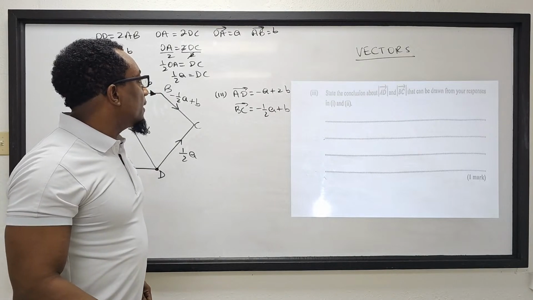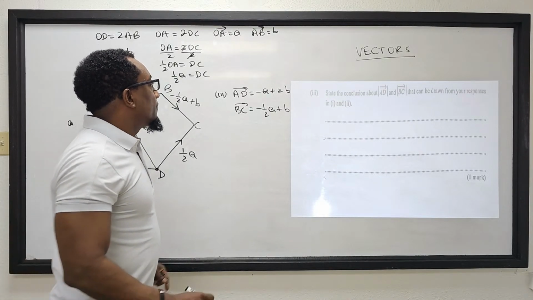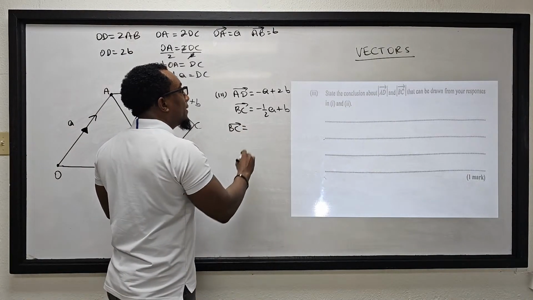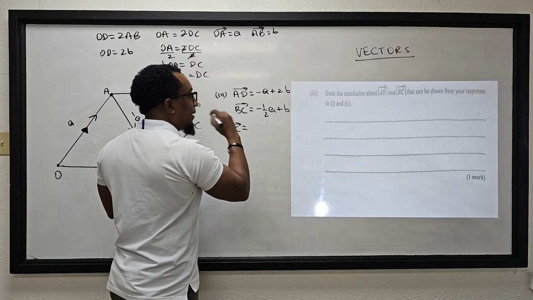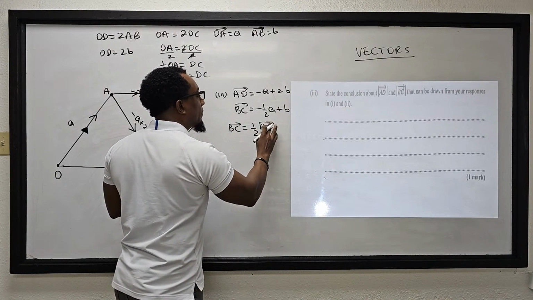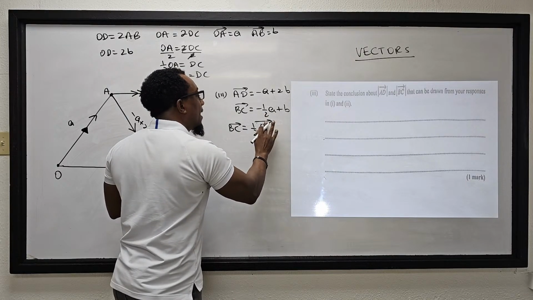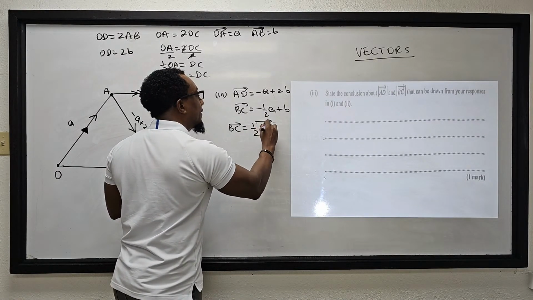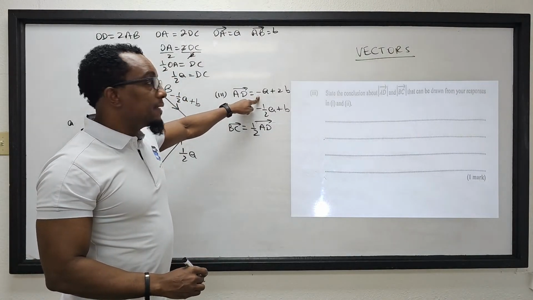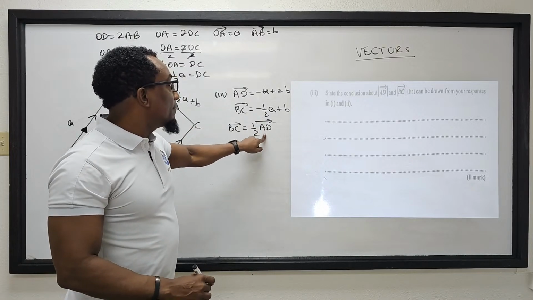So we can say here that vector BC is a half of vector AD. So if you find a half of negative A plus 2B, you're going to get this. So BC is a half of AD.